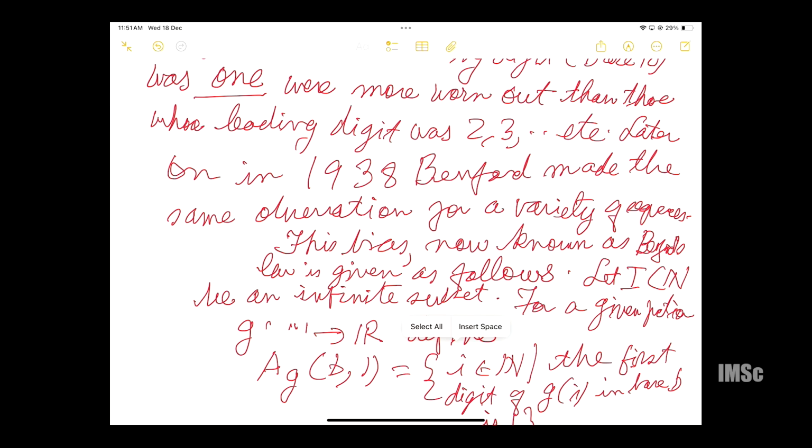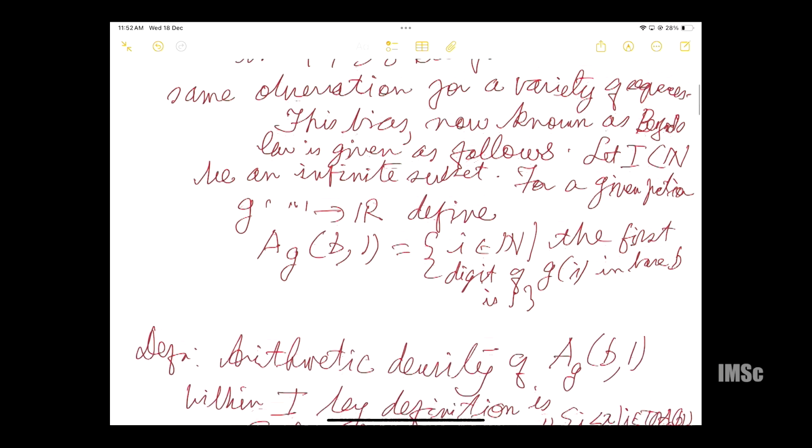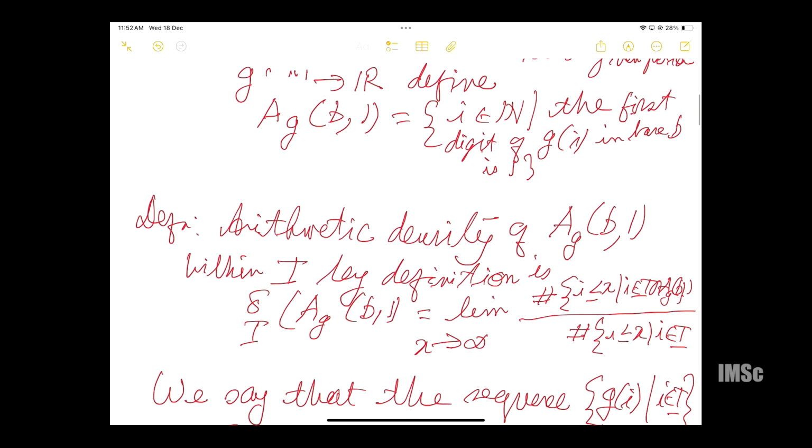I've given the definition; they are all very natural. So I is an infinite subset, G is some real valued sequence, and consider those elements of I such that the first digit of G_i is 1. You define the arithmetic density in the usual way as the limit as x tends to infinity of the number of elements up to x in this set, I intersection, divided by the total number.